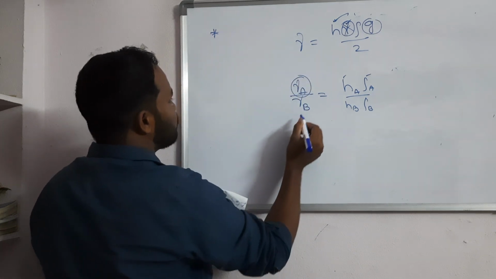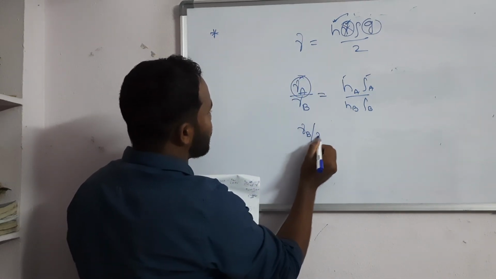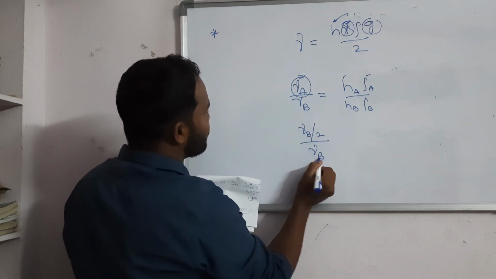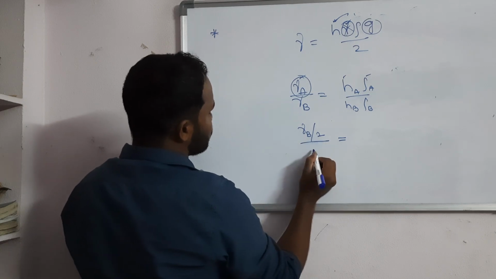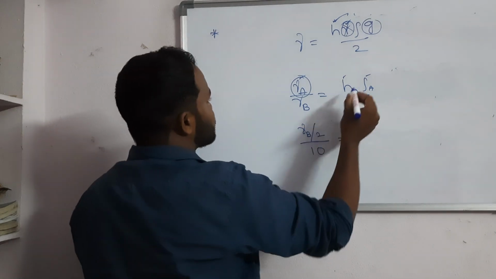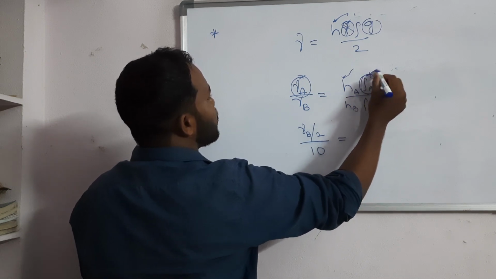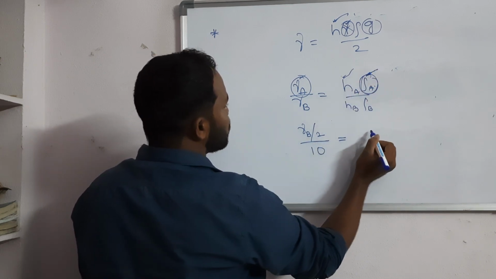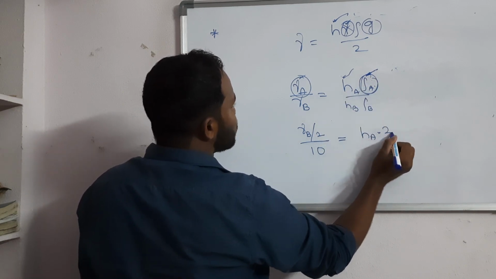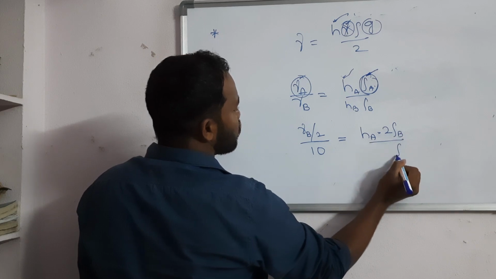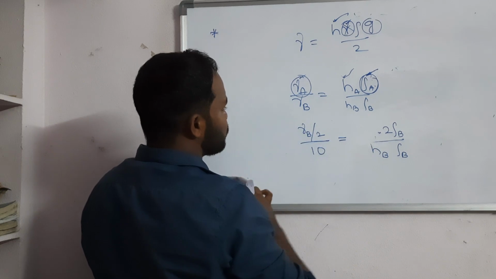Now they gave the statement. This liquid A is half of the liquid B, which means gamma B by 2. So you will get gamma B here. The gamma B value they gave is around 10. Next, h A. The density rho A is double rho B, which means h A into rho A is 2 into rho B by rho B into h B. The h A value they also gave, that is 2.